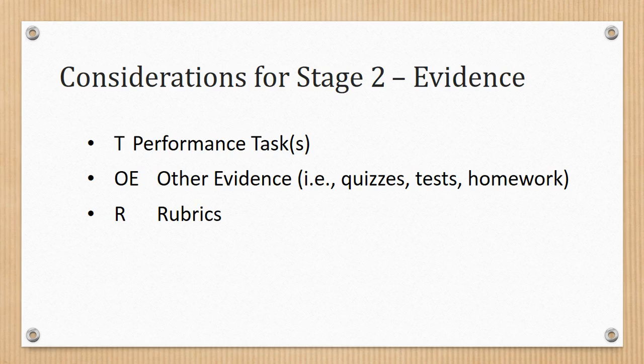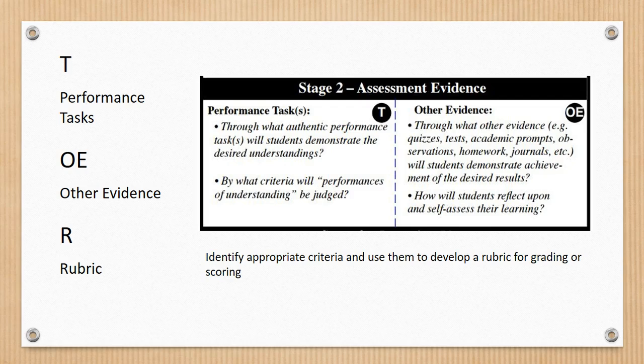So considerations for evidence might be those performance tasks, the other evidence like quizzes, tests, homeworks, journals, and also that rubrics must be established in order for not only the teacher but for the students to understand right from the onset what is required of them and what manner they're going to be graded on.